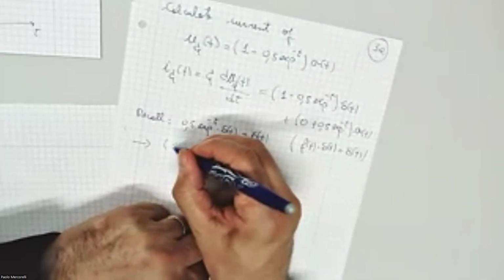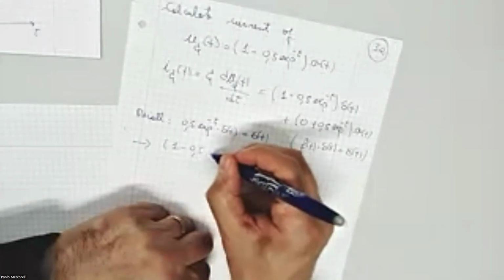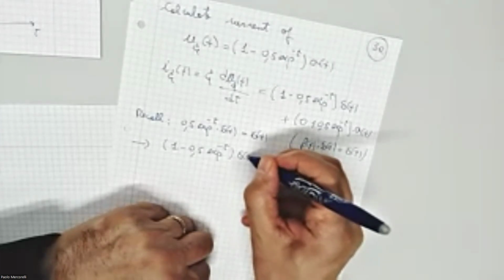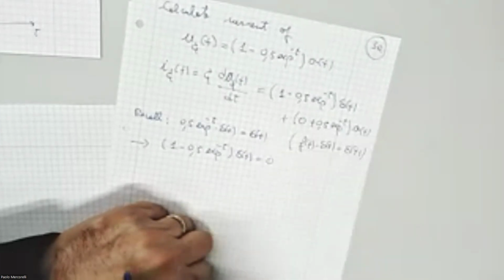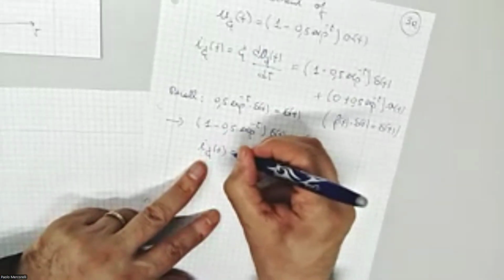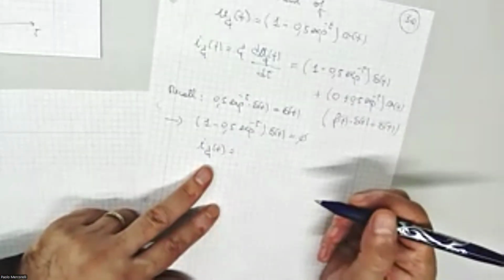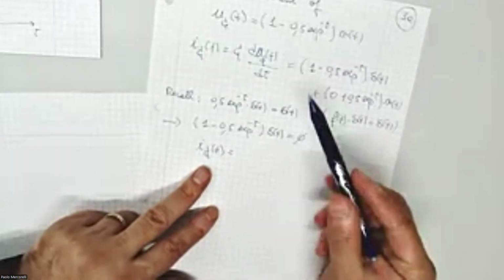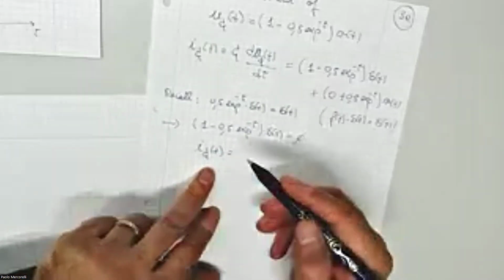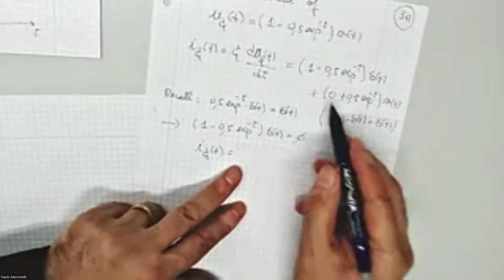This implies 1 minus 0.5 exponential up to minus t multiply delta of t is equal to 0. And this implies that C is equal 1. Remember, just to simplify the calculations, also in the exam, I didn't put strange numbers.